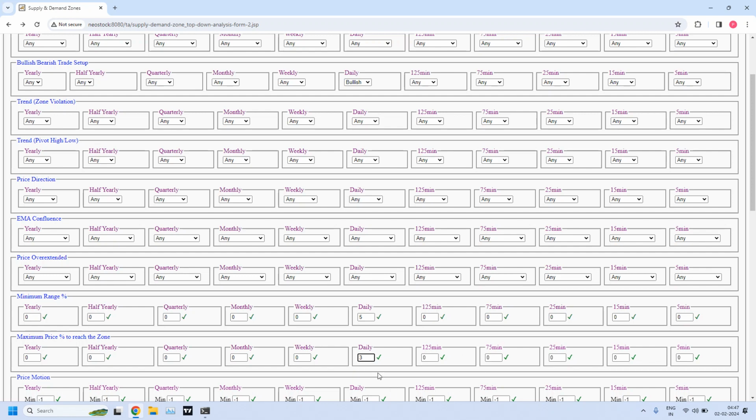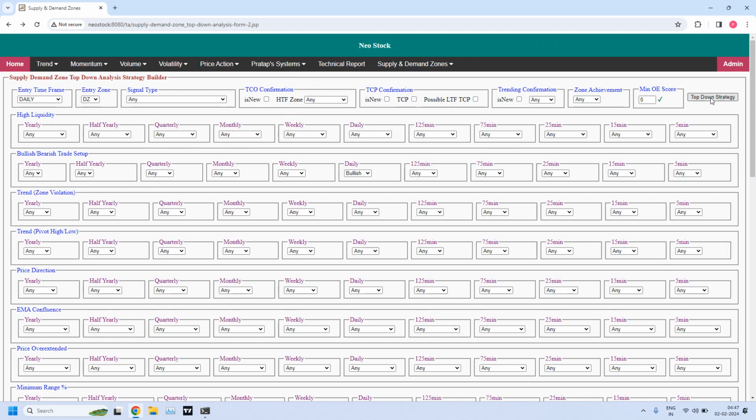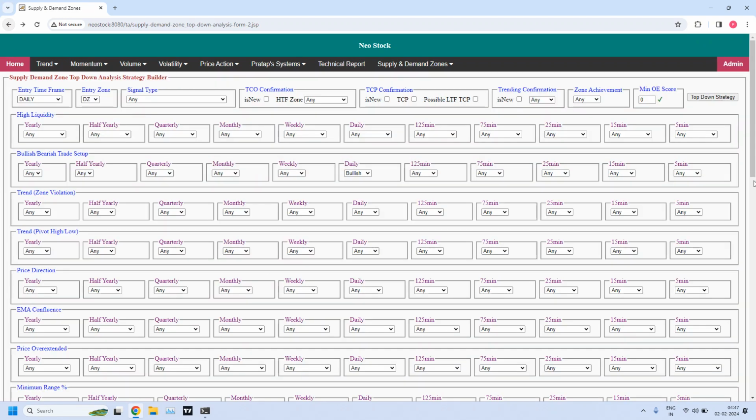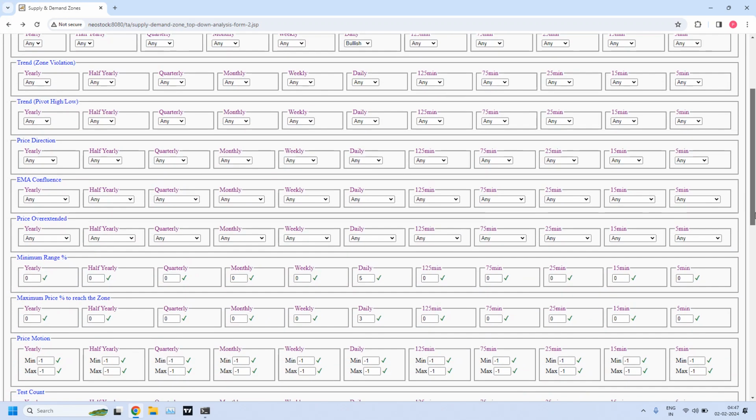So let us filter. If we get a very small list, we will increase to 4% or 3.5. We got 6 stocks. If you feel this list is too small, again go back and increase. Instead of 3, make it 4.